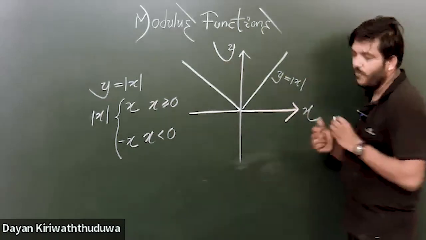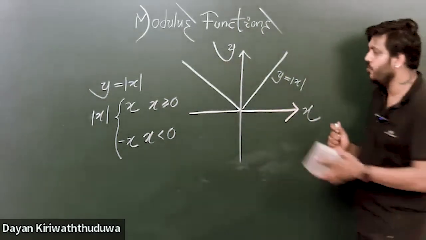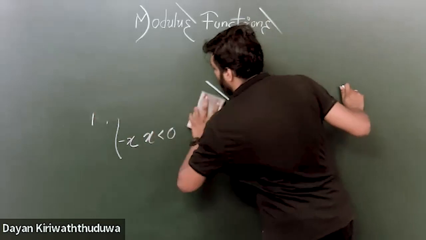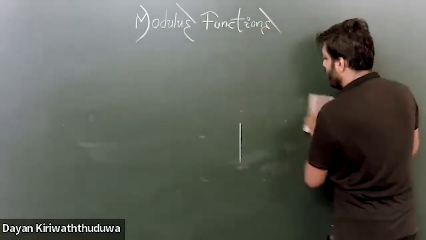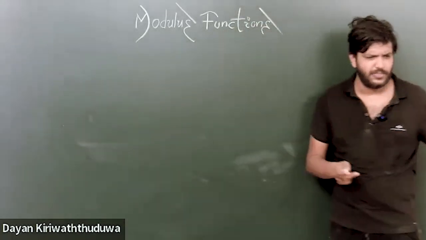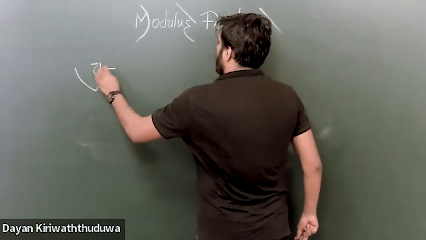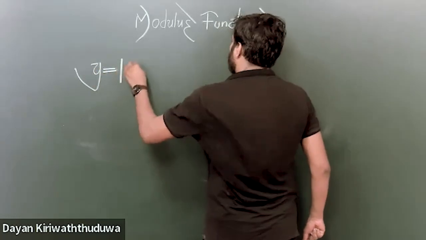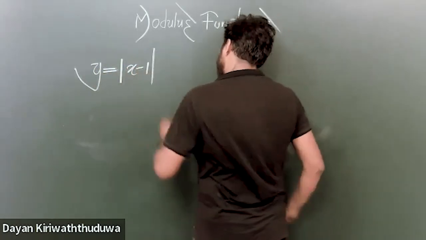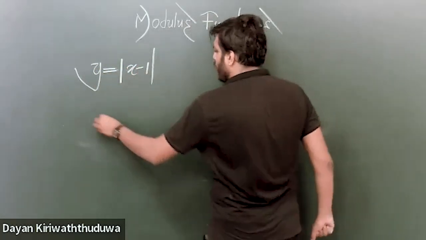But now we are going to go for a challenge, right? So let's try what happens when you have y equals modulus of x minus 1. I would say this is a typical example once again, right? So let's say we have y equals modulus of x minus 1, okay? Let's start writing this.